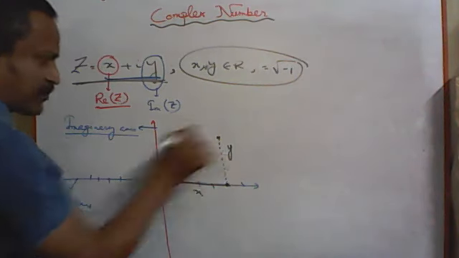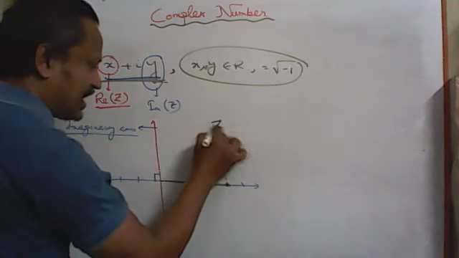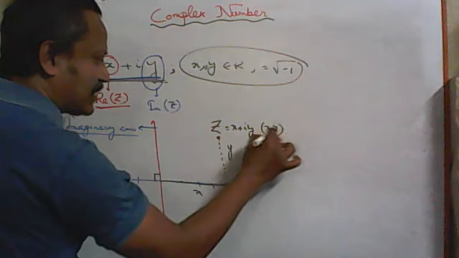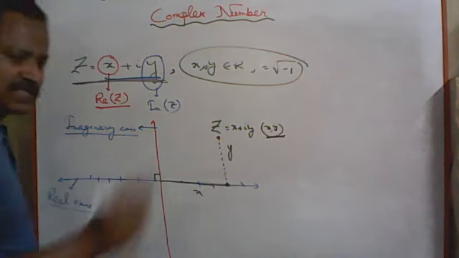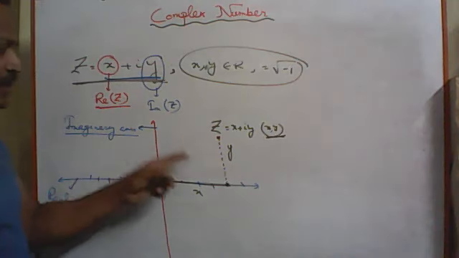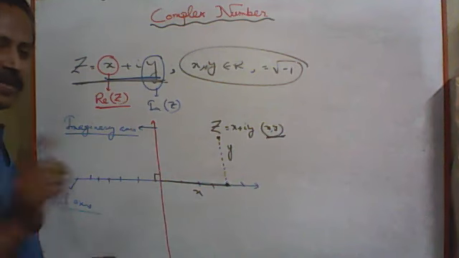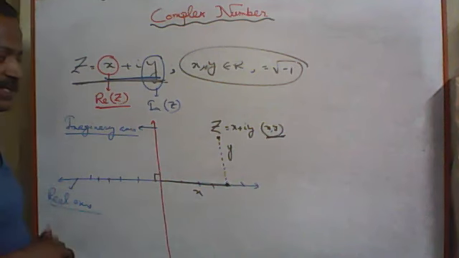The position of that point will be z representing x plus iy, that is the point (x, y) in the Cartesian system. Here this will represent the complex number z equals x plus iy.